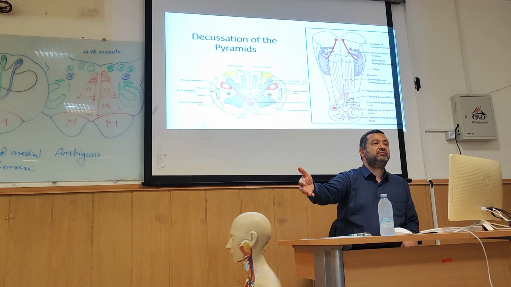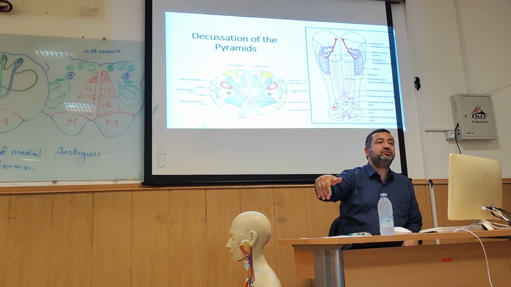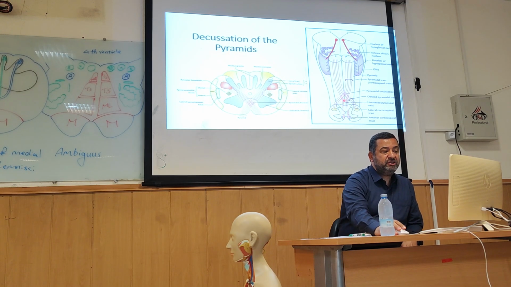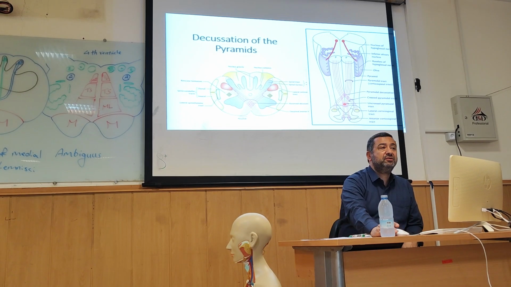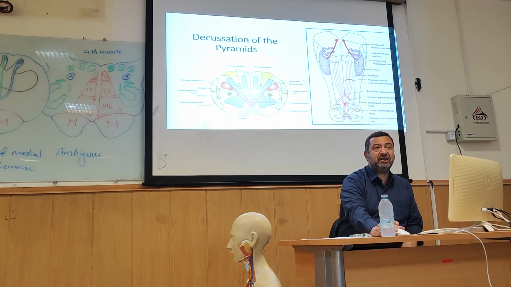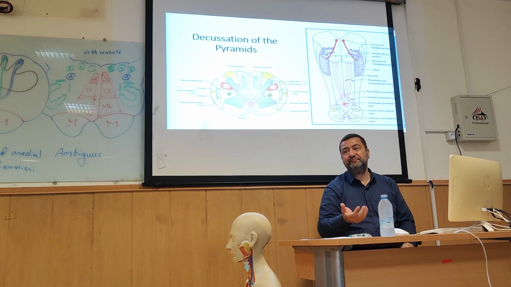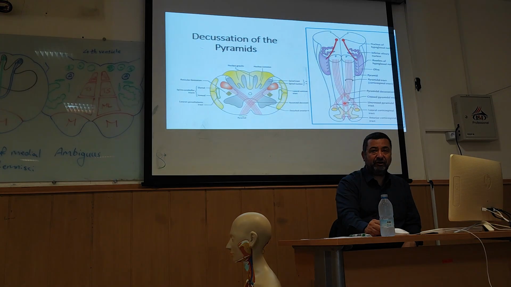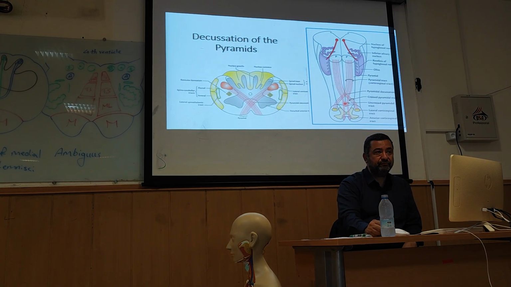This lateral corticospinal tract enters into the lateral funiculus of the spinal cord. And the other 20 to 25% of fibers make the anterior corticospinal tract without crossing in the medulla and enter into the anterior funiculus of the spinal cord.